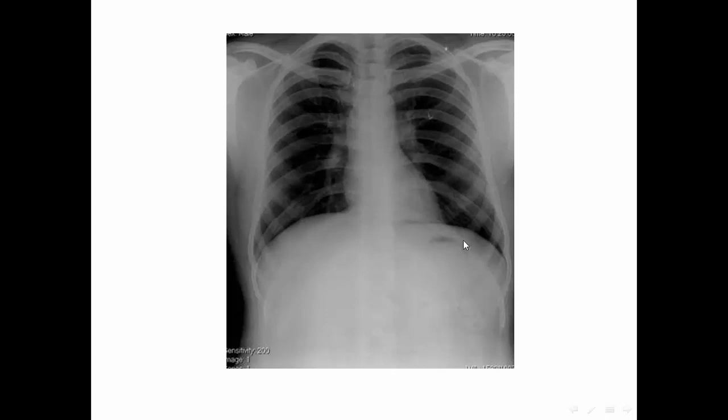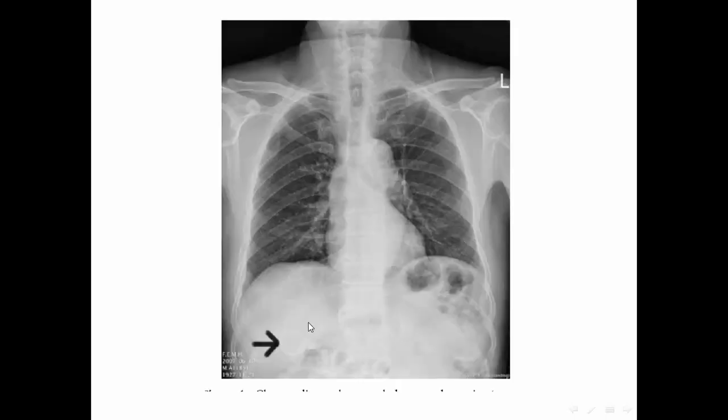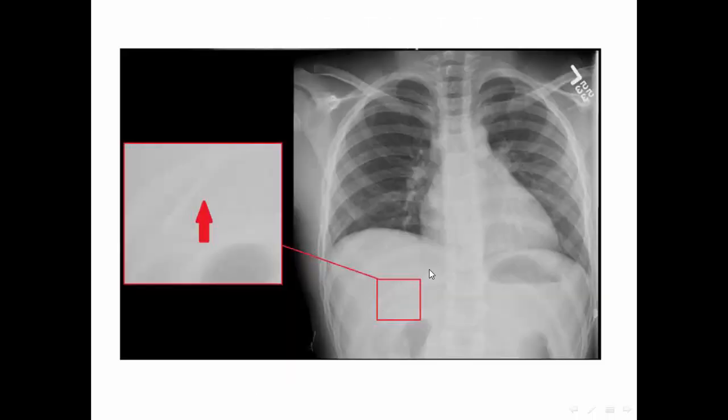In a case like this, you can see there is a calcified lesion projecting over the liver, which is proven to be a porcelain gallbladder. As you can see in the next example, this is a foreign body in the proximal intestine.